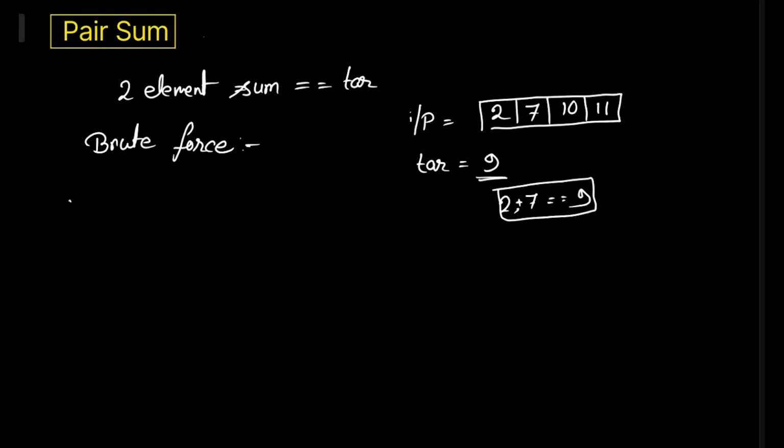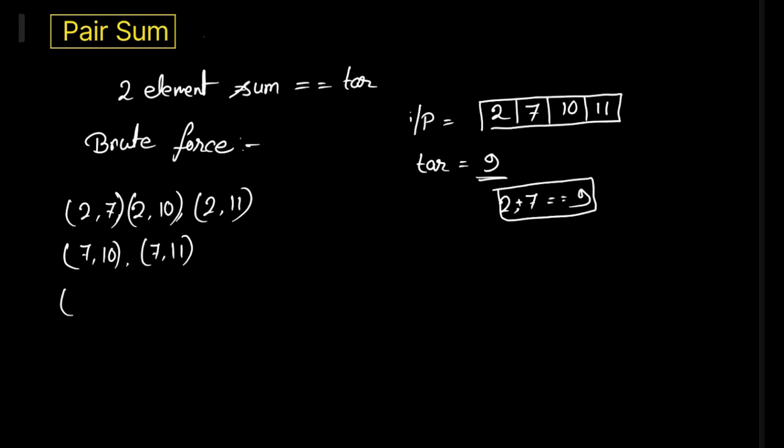So for that we will make these pairs: 2 with 7, 2 with 10, and 2 with 11, then 7 with 10, 7 with 11 and then 10 with 11. We will not take repetition, we just take every possible pair.